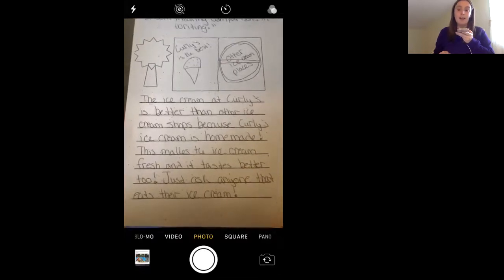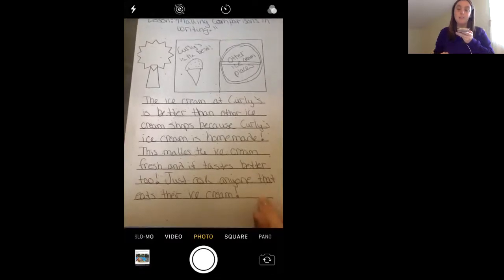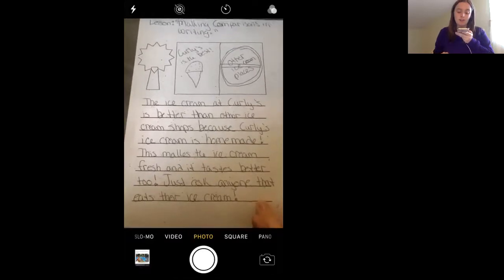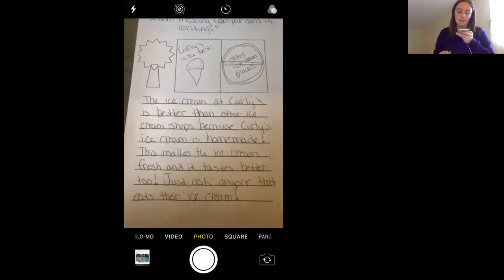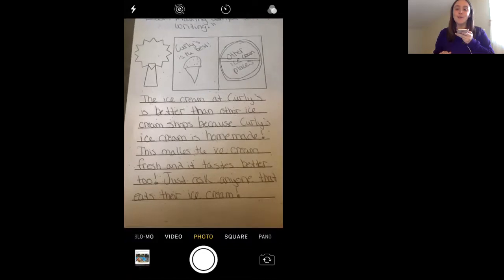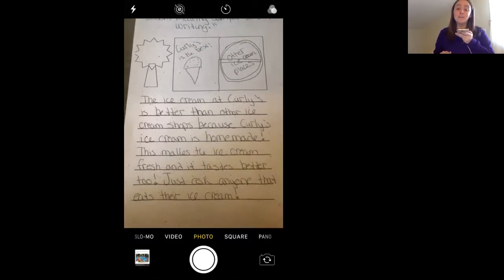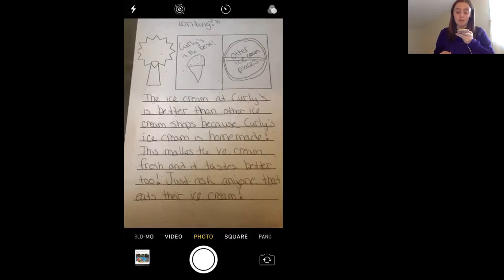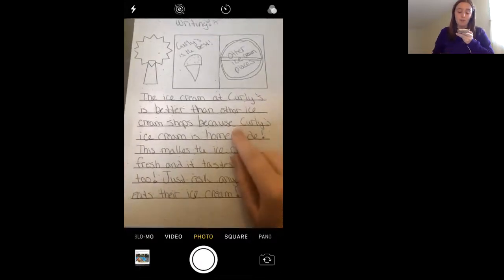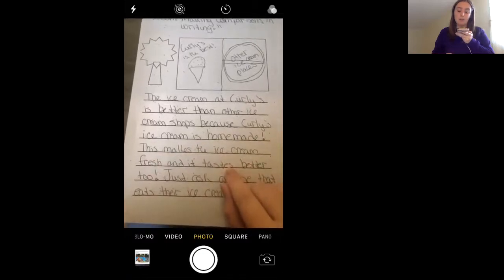And then I added a little bit to convince them even more by saying, just ask anyone that eats the ice cream. So I gave 2 to 3 reasons why their ice cream tastes better than other ice cream shops: it's homemade, it's fresh, and overall it's going to taste better.